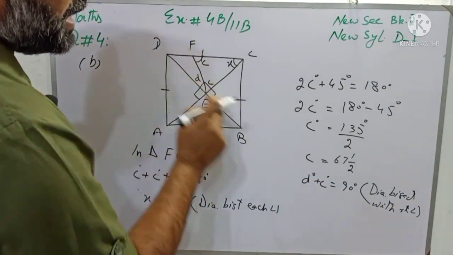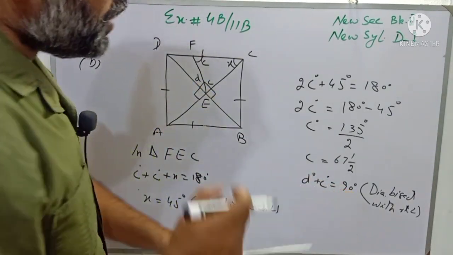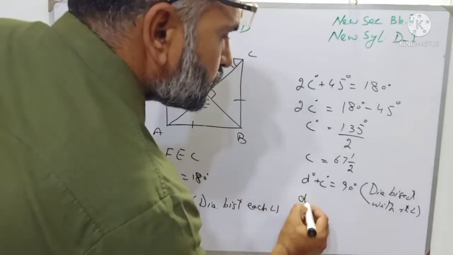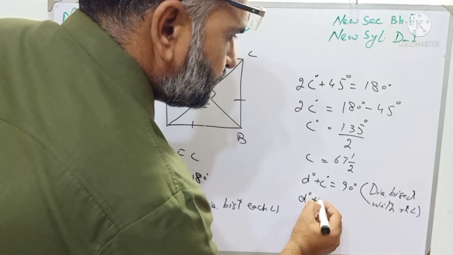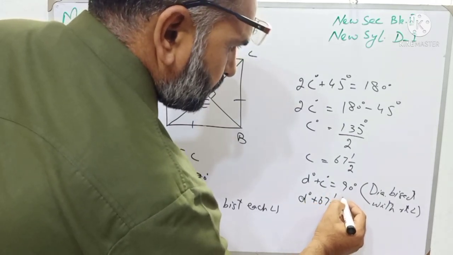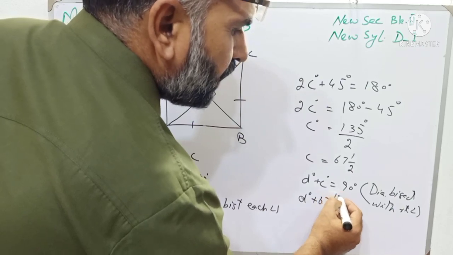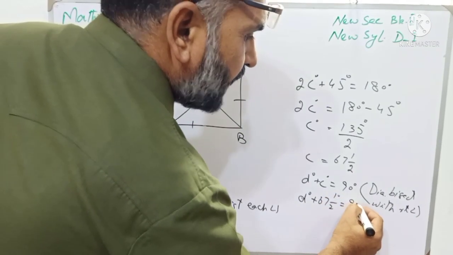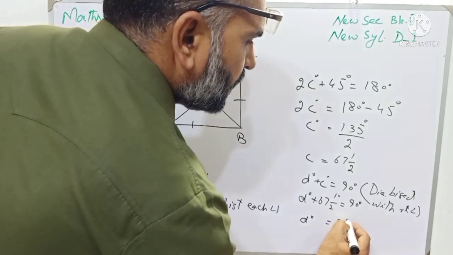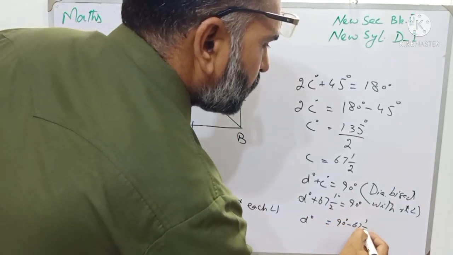So D plus C is 90 degrees and the value of C is 67 and 1/2. So D degrees plus 67 and 1/2 is equal to 90 degrees, and D degrees is equal to 90 degrees minus 67 and 1/2 degrees.